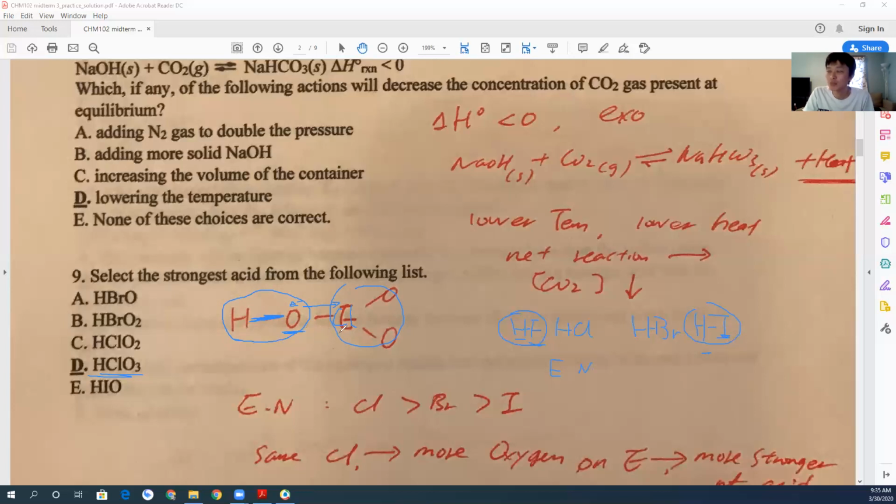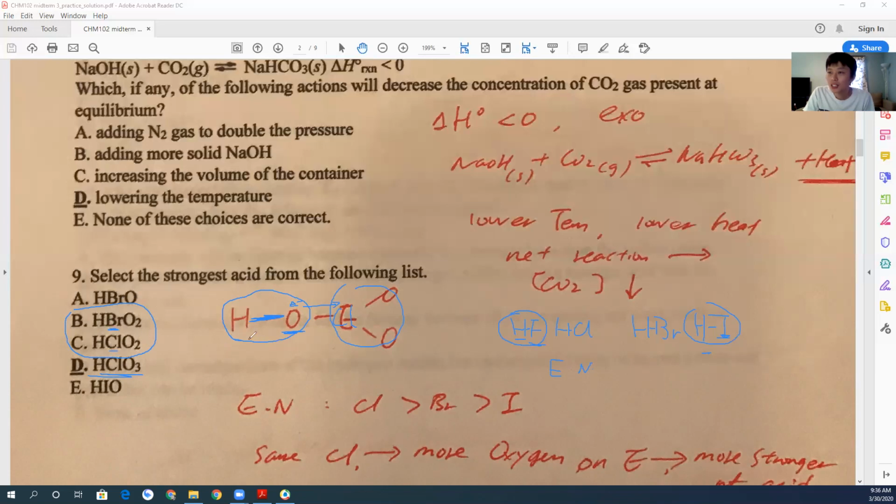So for the same non-metal, the more oxygen, the stronger the acid. If you compare these two, they have the same number of oxygen, so you have to compare the electronegativity of chlorine and bromine.